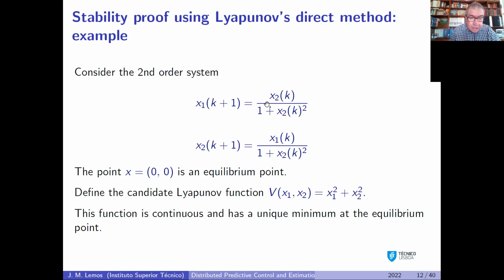In the first equation, you get 0 divided by 1 plus 0, which is 0. So you start with 0, and the next point is 0 for x1. And on the second one, if you start at x1 equal to 0, x2 equal to 0, you get again 0 divided by 1 plus 0, which is 0 divided by 1, that's 0. Okay, so next x2 will be 0. So 0, 0 is an equilibrium point.